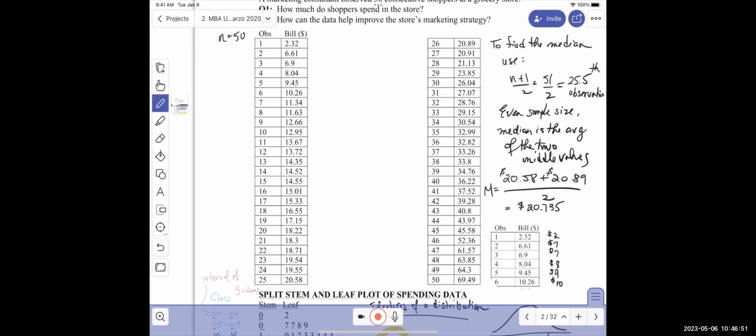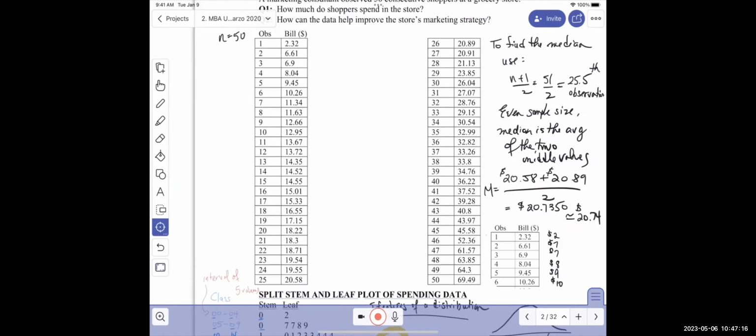So because there's 2 decimal places here, I should keep 4. But in fact, this is in dollars, so we just say $20.74. I just round it. This just means approximately, or rounding. All right, so we found the median.